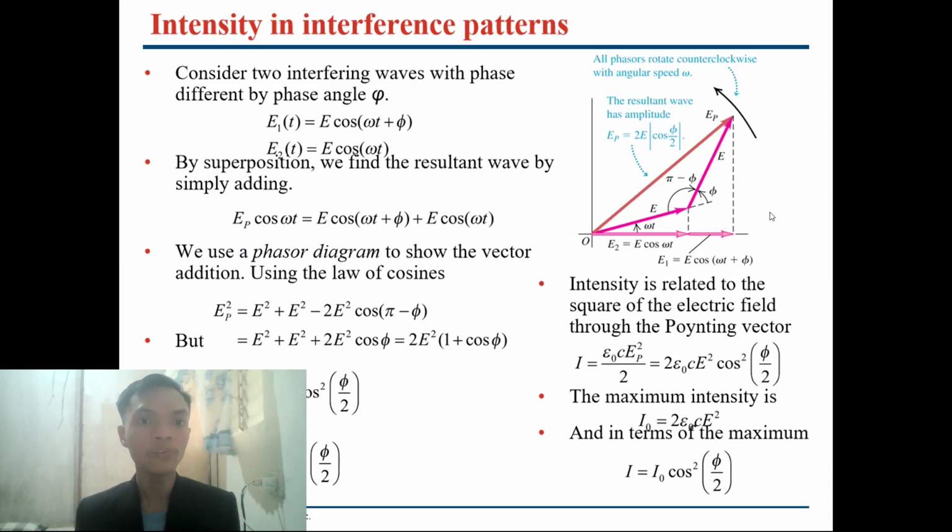So we have here two formulas. So maximum intensity occurs when the phase angle is equal to 0, and this means that the waves are perfectly in phase. The phasor diagram shows how vector addition of electric fields determines brightness.